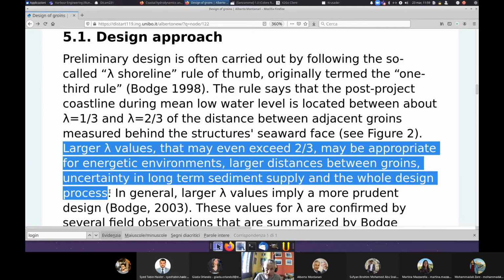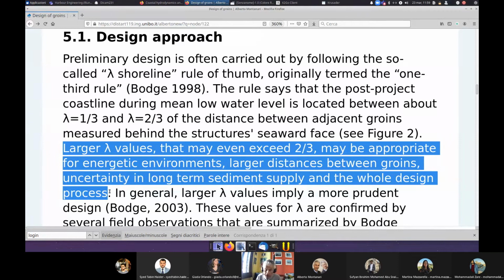Larger distances, of course, match your intuition. If you put groins very close, of course, it's more effective. On the other hand, you have an impact on the visual and on the sustainability. You don't like these solutions with very, very small spaced groins.